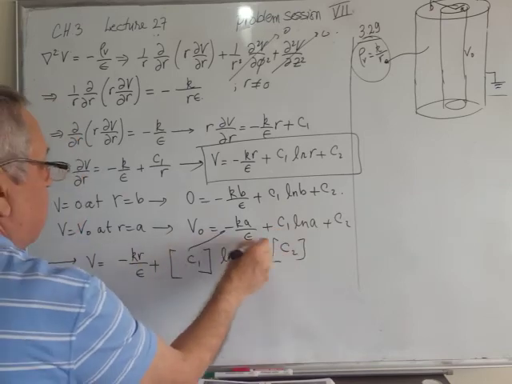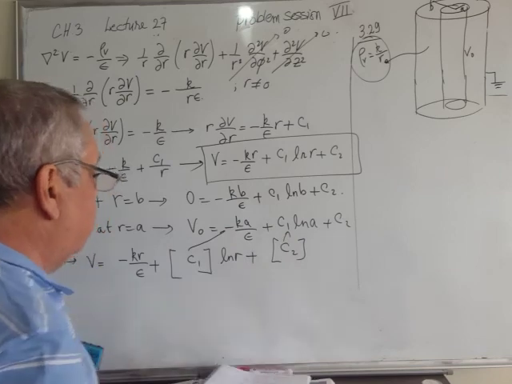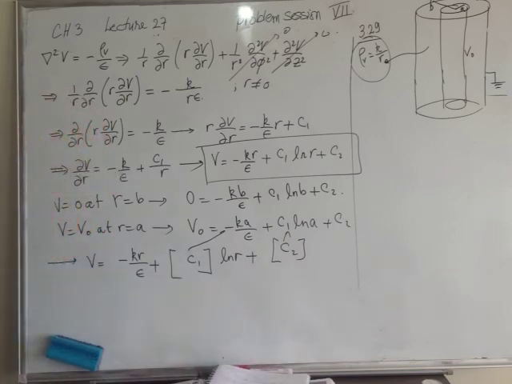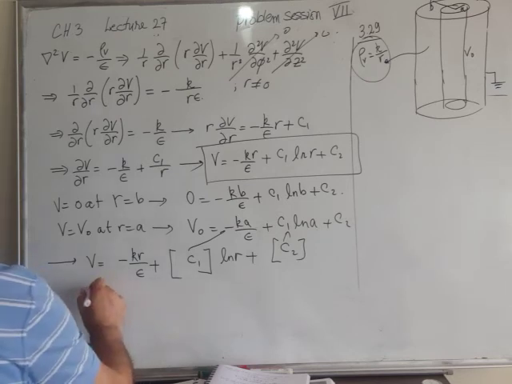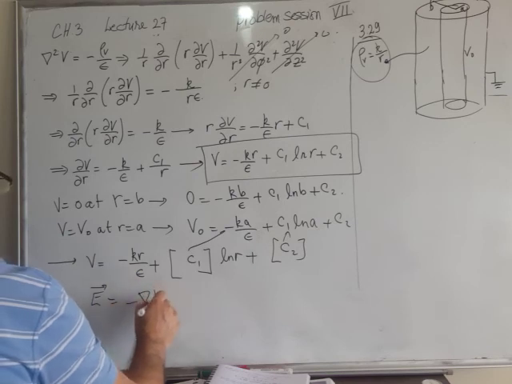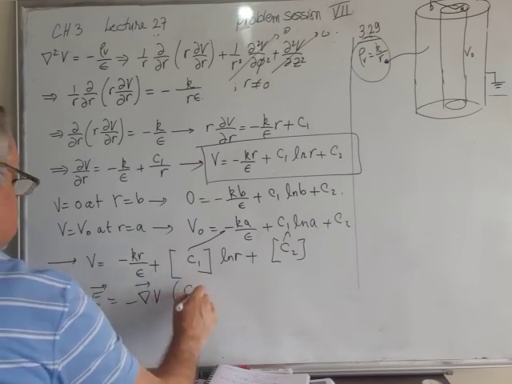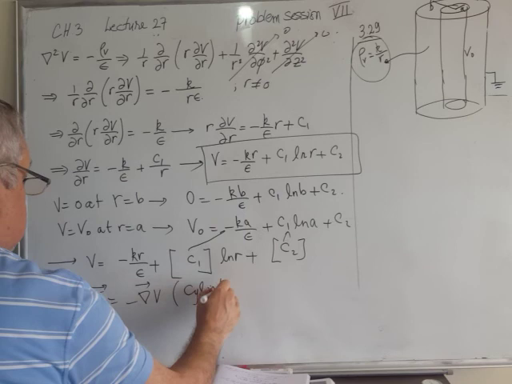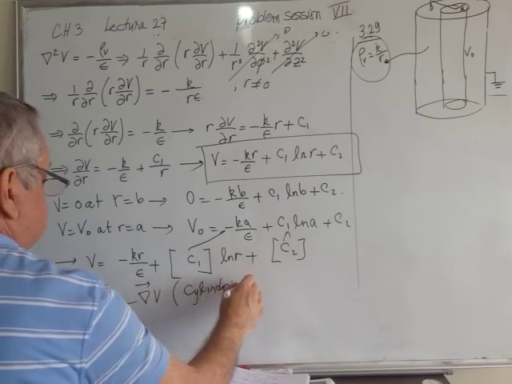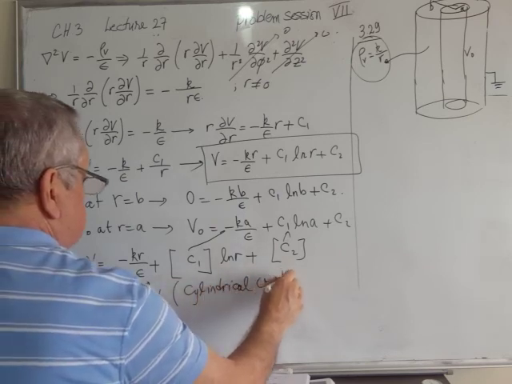These are obtained from the two equations in the two unknowns. Okay? Having found v, you can do what now? You can find the electric field E, which is minus grad v, and you have to apply this in cylindrical coordinates.